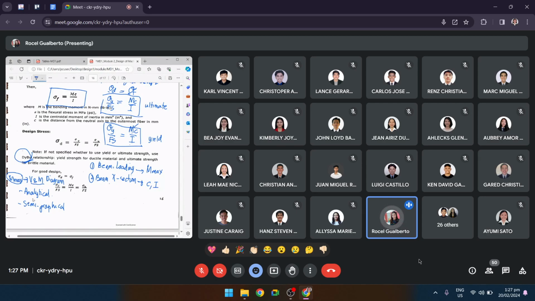For example, you use analytical and you obtain a maximum moment of 10 kips. Dapat, if you will be using semi-graphical in your solution, you would yield exactly the same value. Kaya nga, sabi natin, you could have the two methods, but the output must be the same.